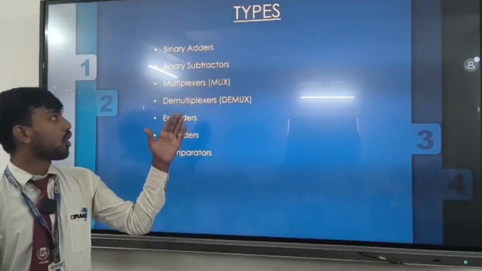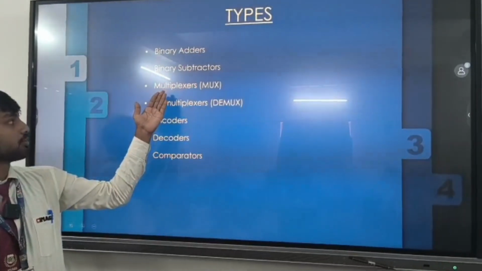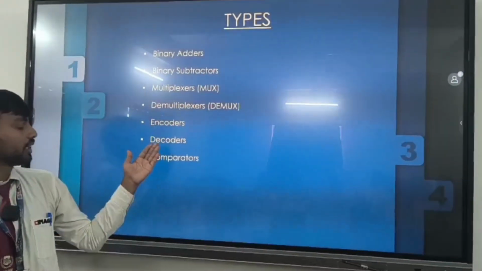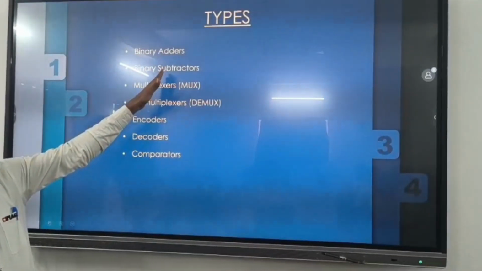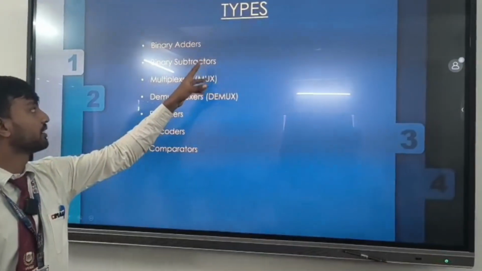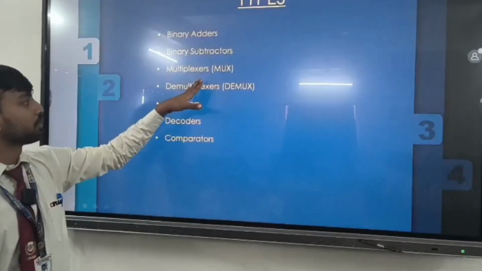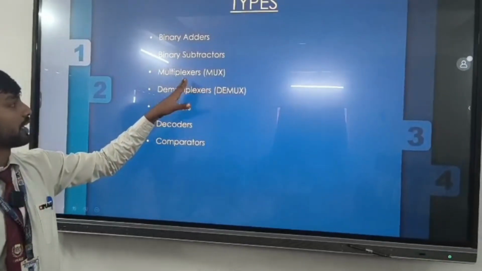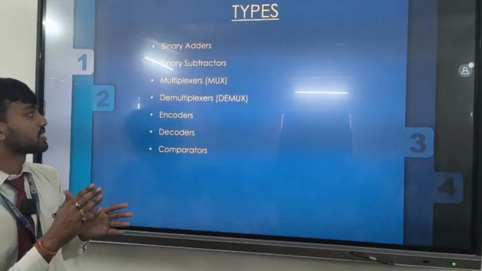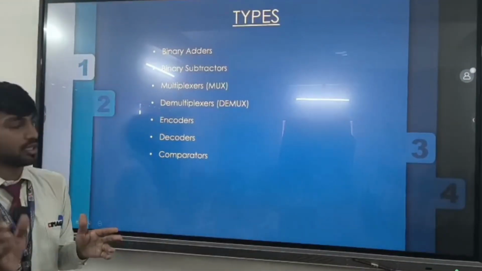Here are the types of combinational circuits: binary adder, binary subtractor, multiplexer, demultiplexer, encoder, decoder, and capacitors. In a binary adder, we add two binary numbers, and the subtractor is the same as the adder. The multiplexer has multiple inputs and a single output, where we select one signal from the multiple inputs to give one output.